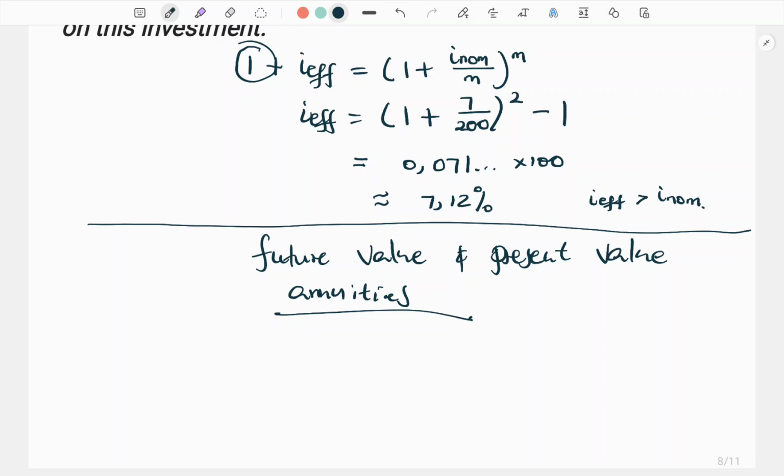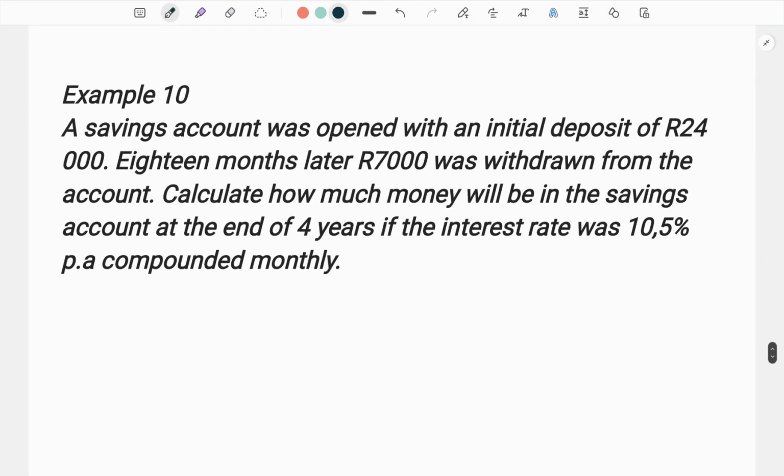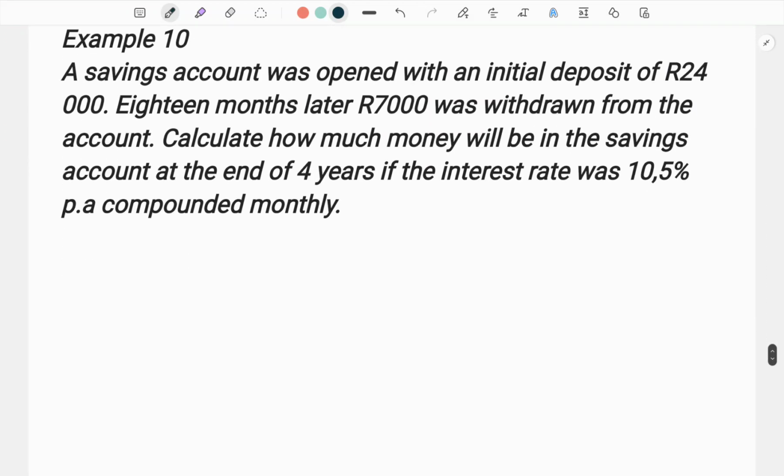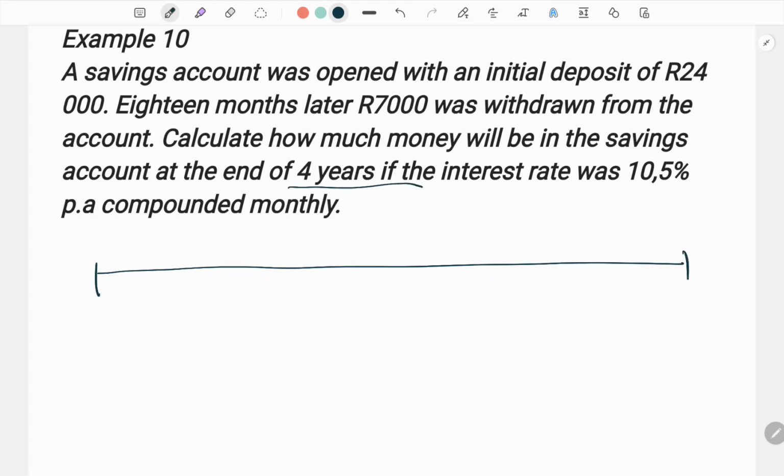You can try this example 10, whereby you use a timeline. It's for 4 years, so it's going to be T0, T1, T2, T3, and T4.